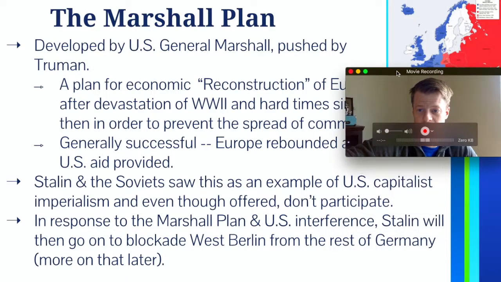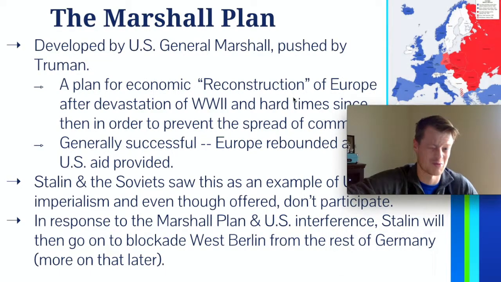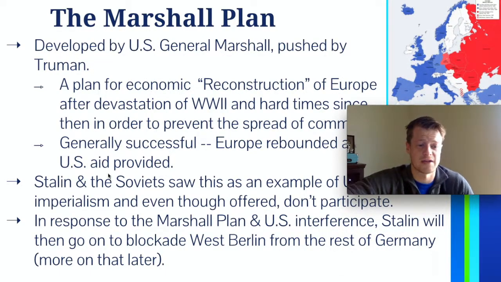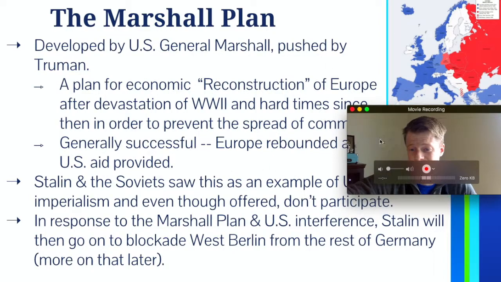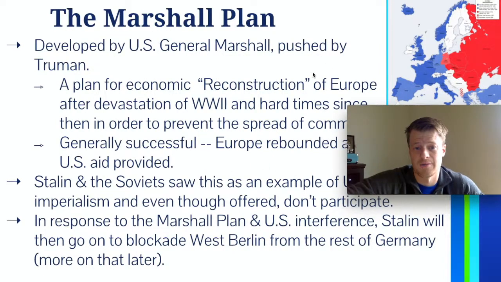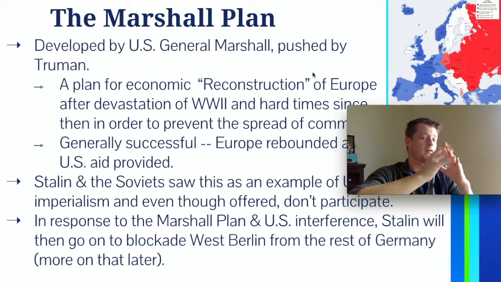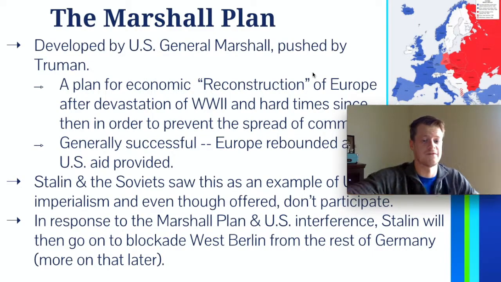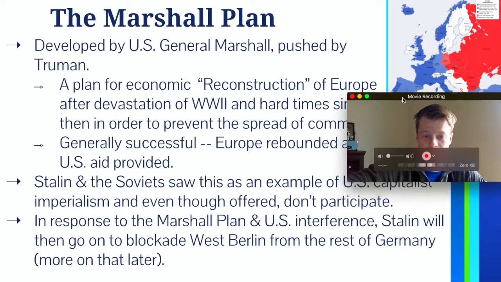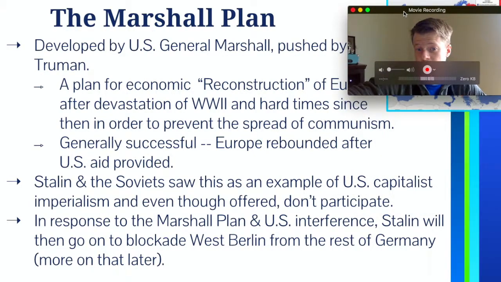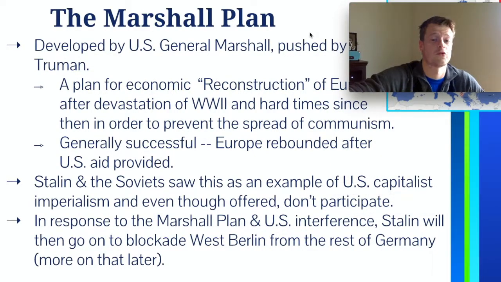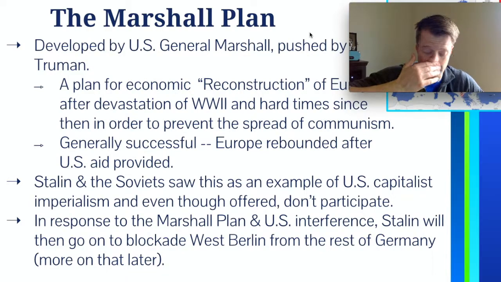The problem, though, with the Marshall Plan is how it's perceived. Stalin and the Soviet Union see it as an example of the U.S. and its greedy imperialist fingers trying to reach in and influence things. And even though the United States offered the Soviet Union a part in the Marshall Plan, it refused, and they don't participate.